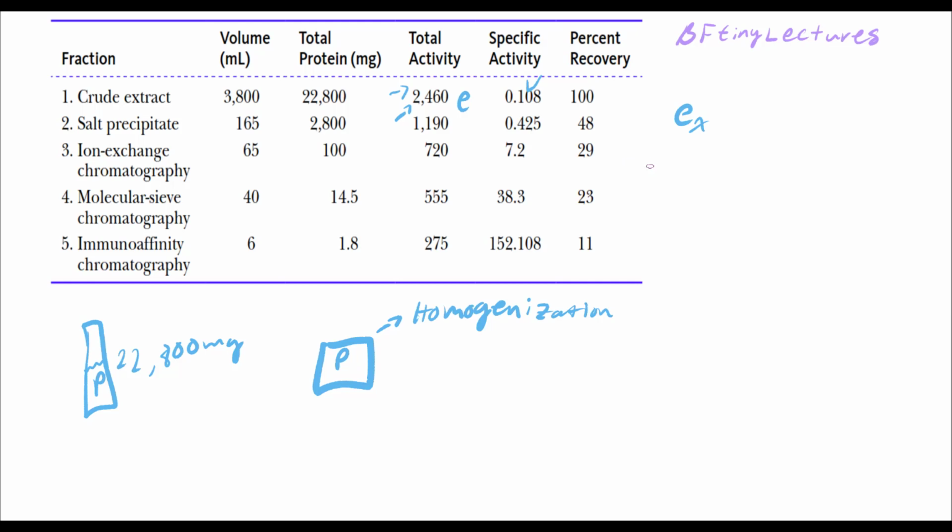So what I'm saying is that the specific activity is essentially the total activity divided by the total protein.